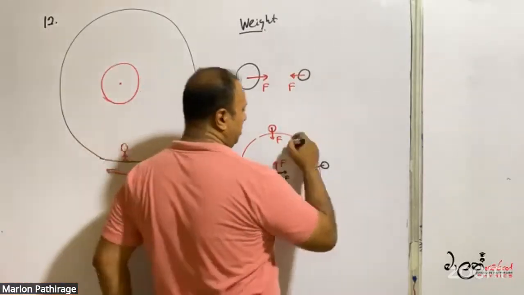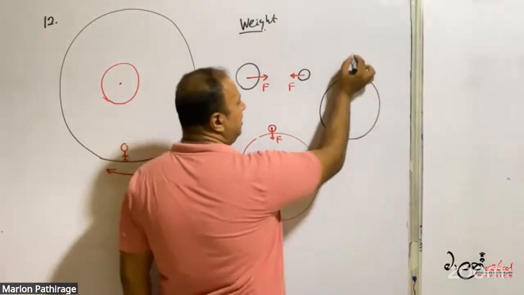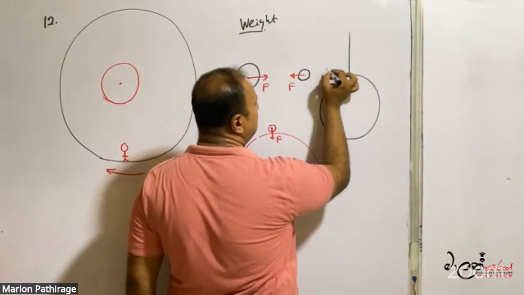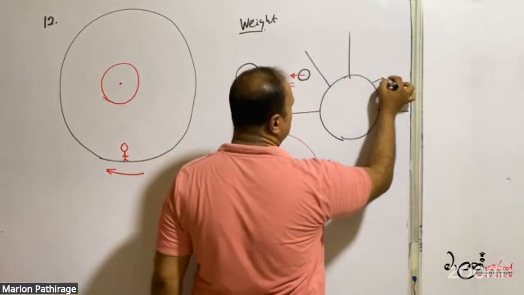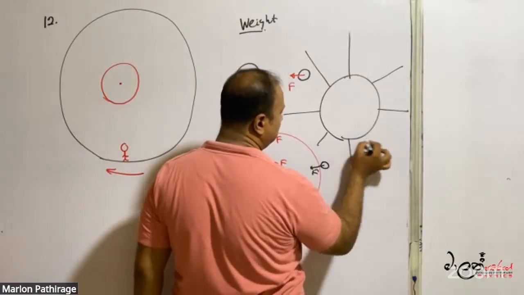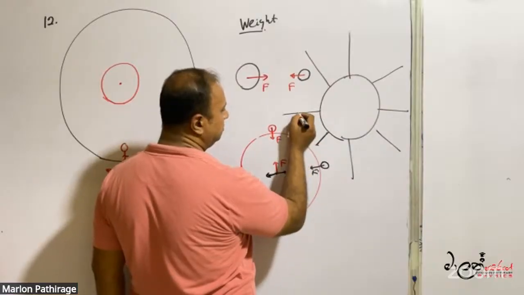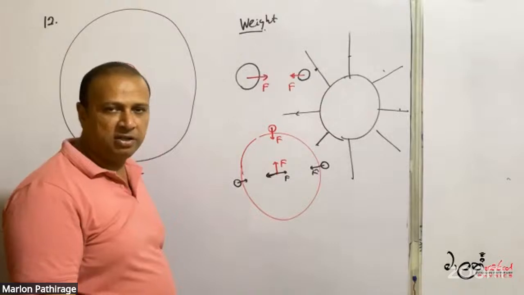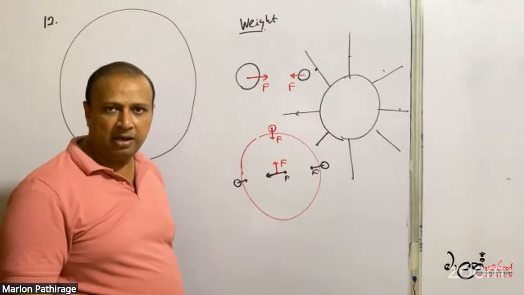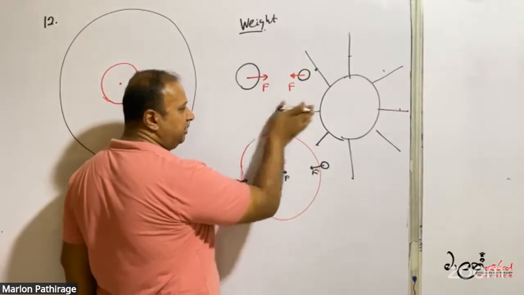So, if we consider this large mass, its gravitational field is like this. Therefore, if we consider this kind of location, the vertical is like this.